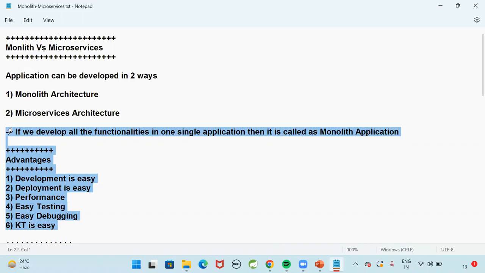Guys, are you clear with what is monolith architecture? A single application with all the requirements is called as monolith architecture.